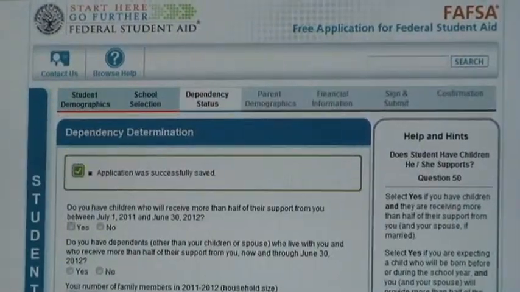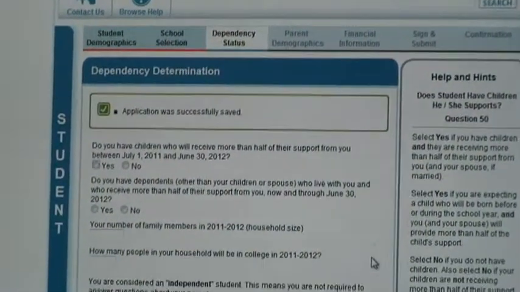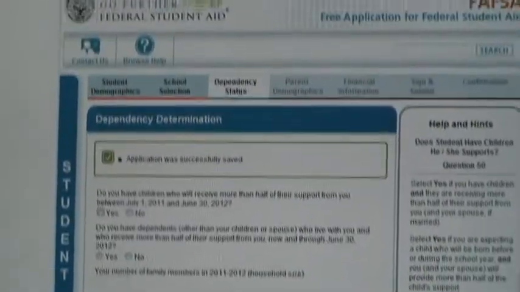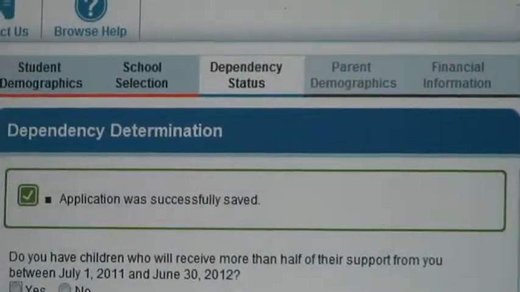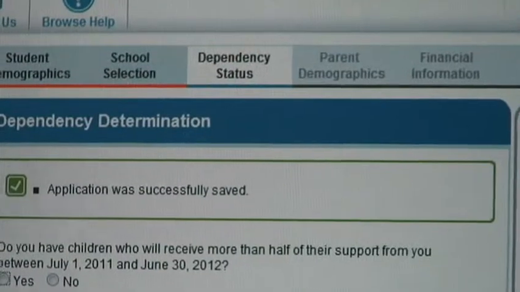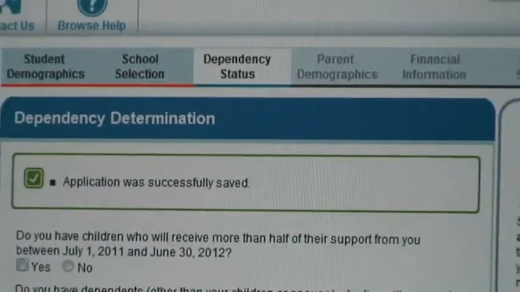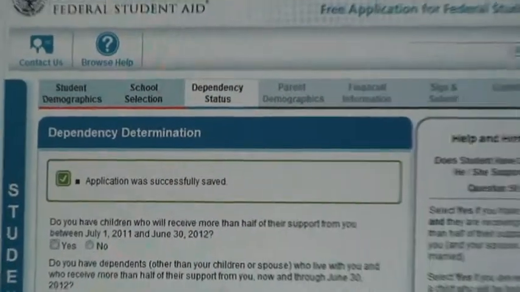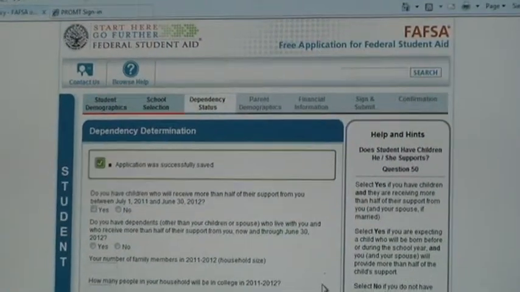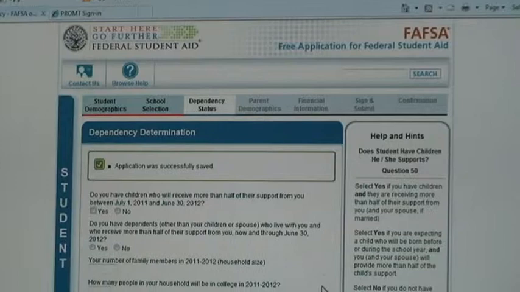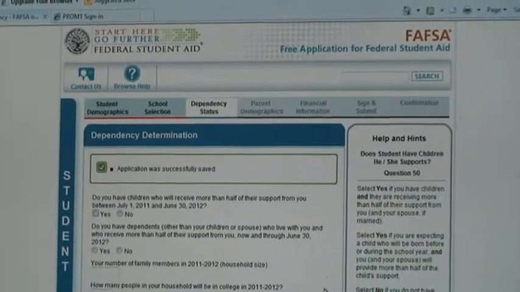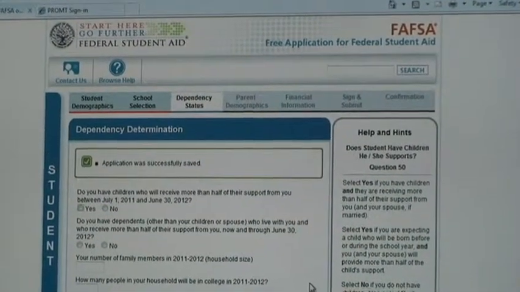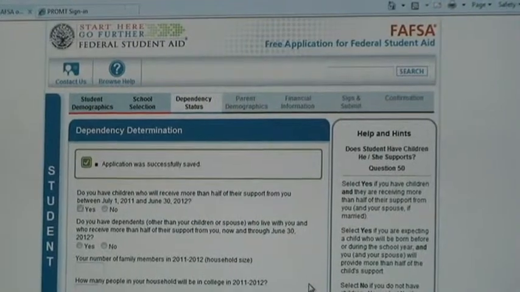The next area within the 7 steps now is the dependency status. There are going to be a series of questions asking you yes or no questions. If you answer no to all the questions, you are considered a dependent student and you must include parents' information. If you happen to mark yes to any one of the dependency determination questions, you are considered independent and parents' information is not required.